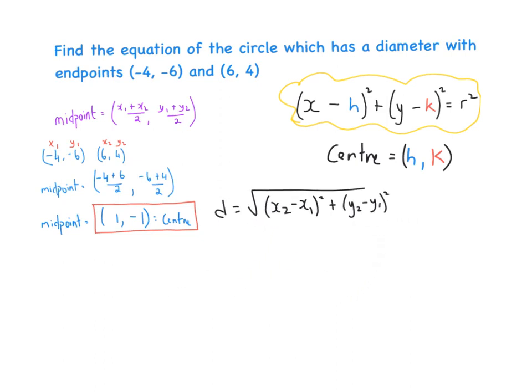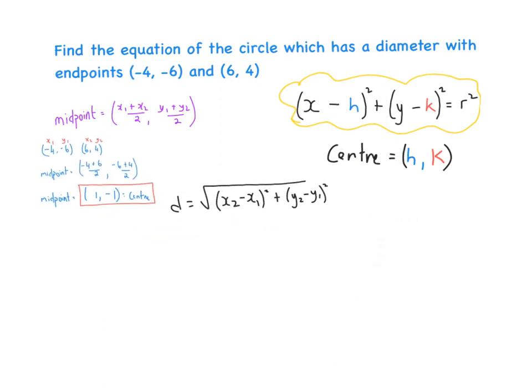Okay, and so we want to fill in, 1 is the distance. Obviously we could get the length of our diameter and halve it, otherwise we can just use our center point, which is 1 comma minus 1, and either of the points, so we might go to the point 6, 4 and label them again, x1, y1, x2, y2.